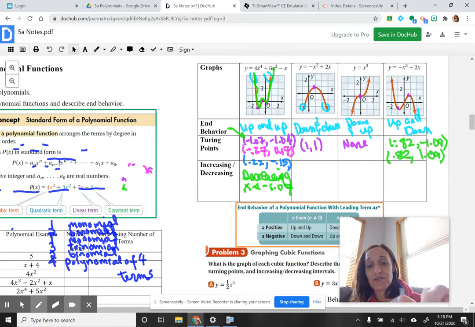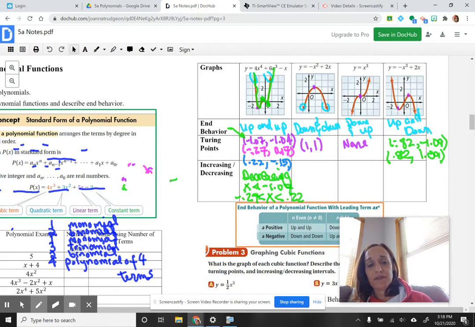It's also decreasing from here to here. And those values are, so we're going to say negative 0.27 is less than x is less than, and then the other number, this x value here, is 0.22. So that is when it's decreasing.